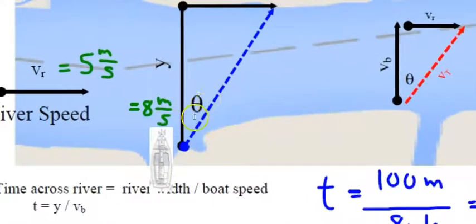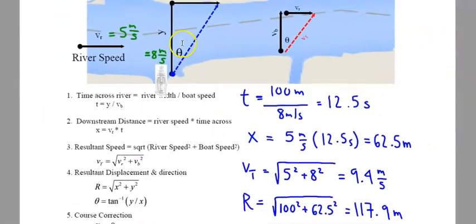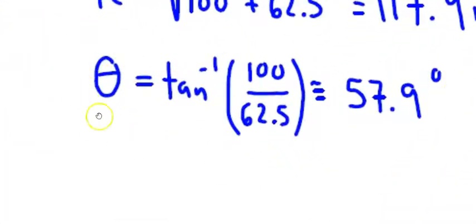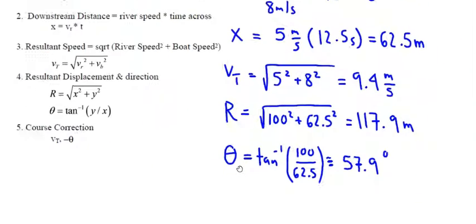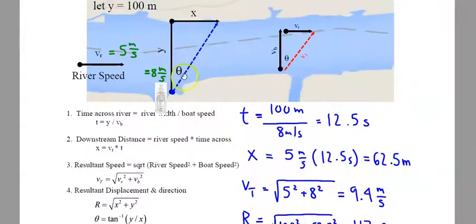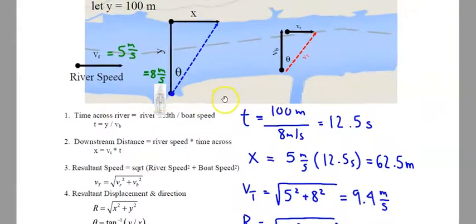The actual angle off the y-axis is 32.1 degrees, and the true angle off the x-axis is 57.9 degrees. You just have to see which angle is referenced in the question. Sometimes it's asked, what is the number of degrees off of the y-axis? And other times it's asked, what is the angle off of the horizontal or the x-axis?